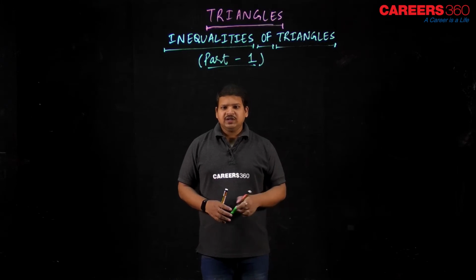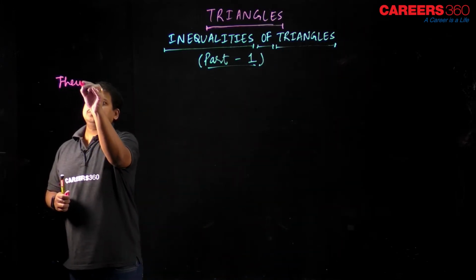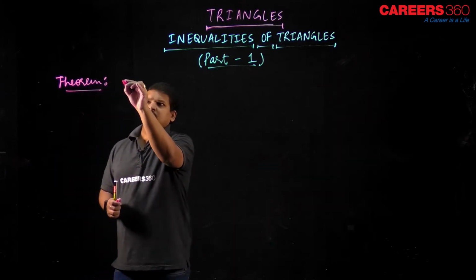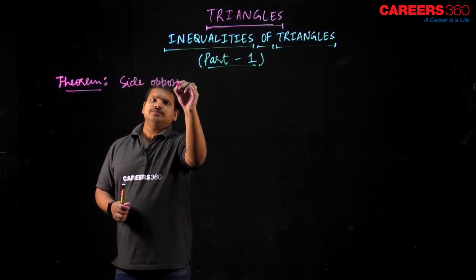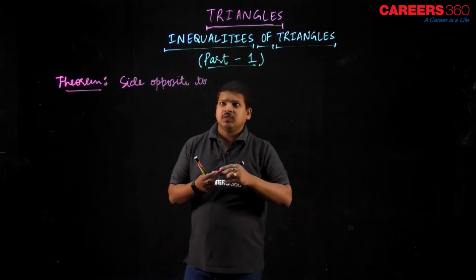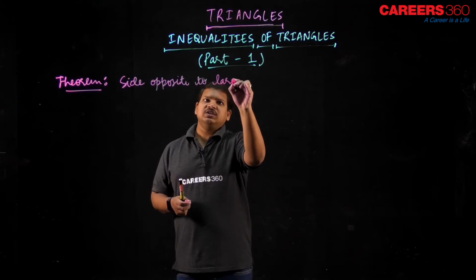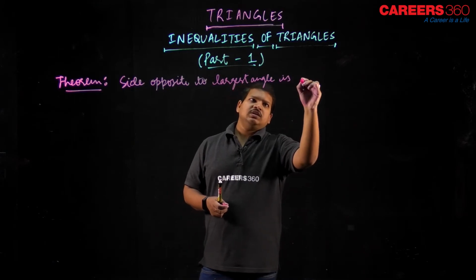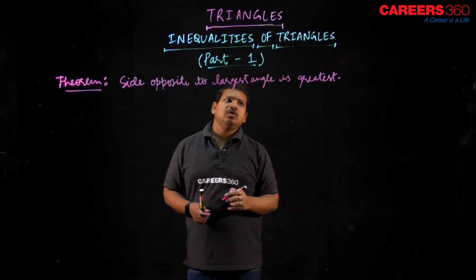So let us have a look at our next theorem, and that is: the side opposite to the larger angle, or you can say the largest angle, is the greatest or longest.